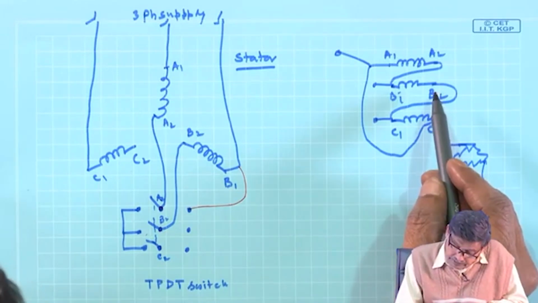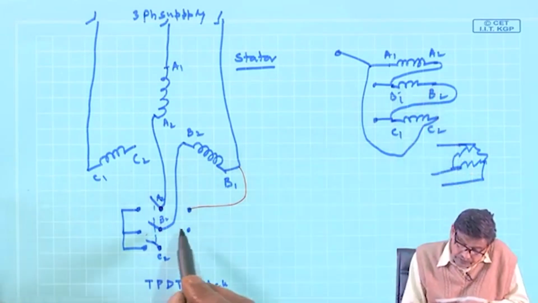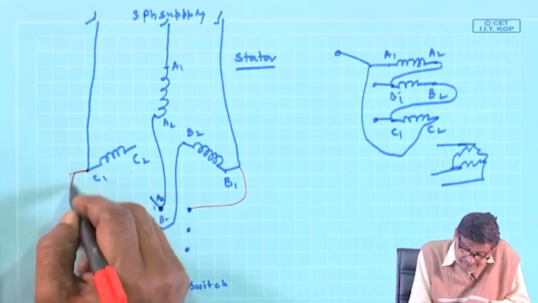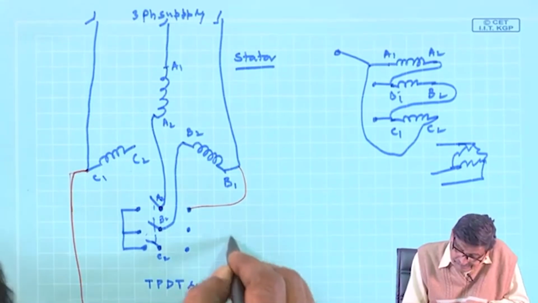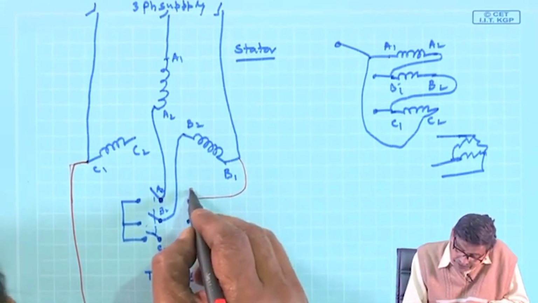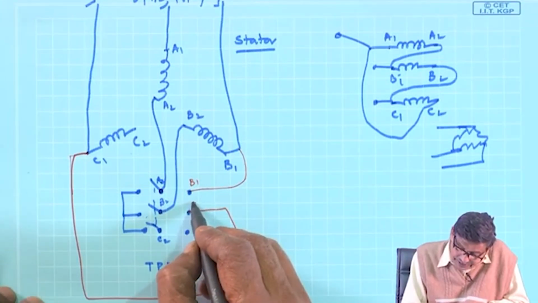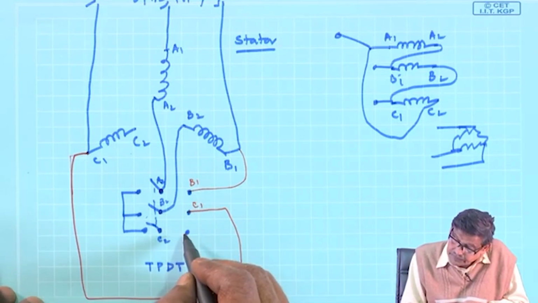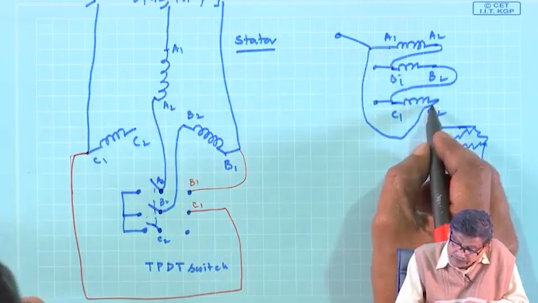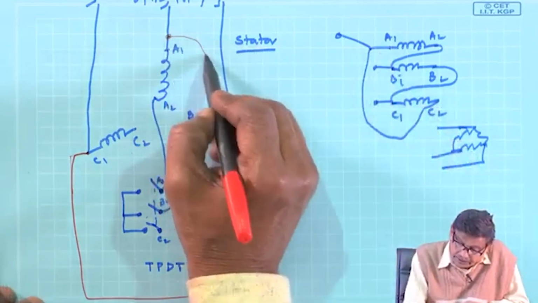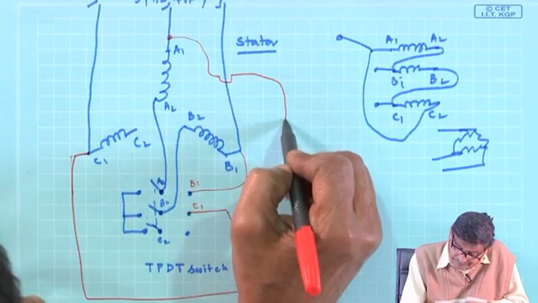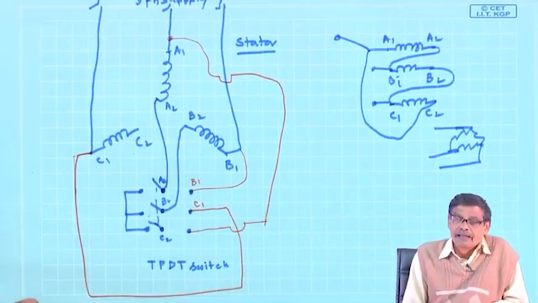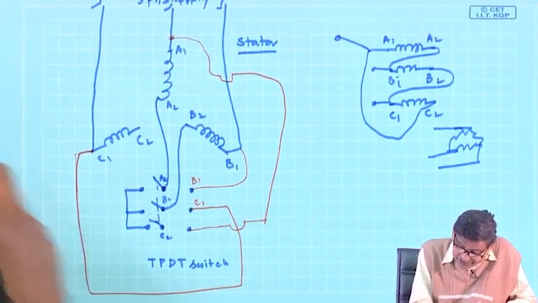Then B2 to C1, then I will take a piece of wire here. So this is B1, this is C1 and finally, A1 should be connected to C2. So take another piece of wire, connect it here, and I will write it like this.